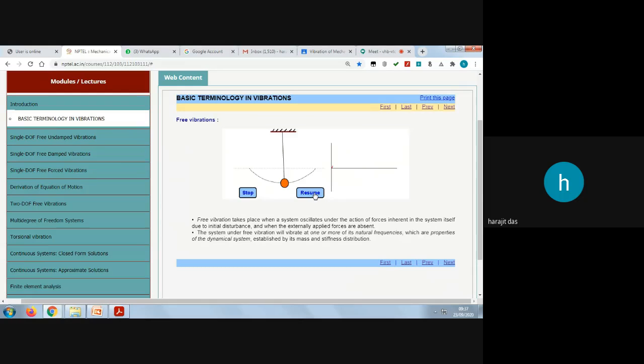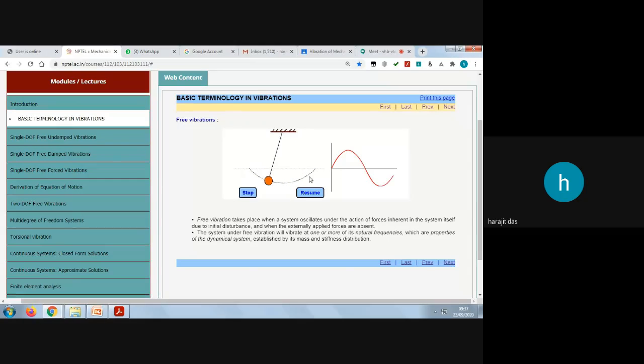So you can see 1 quarter cycle, 2 quarter, 3 quarter, then 4 quarter, then it will form a complete sinusoidal cycle. The time duration to form this curve will be the time period of vibration. And this displacement from this mean line to this point is the maximum amplitude. So in our equation we took it as capital A.